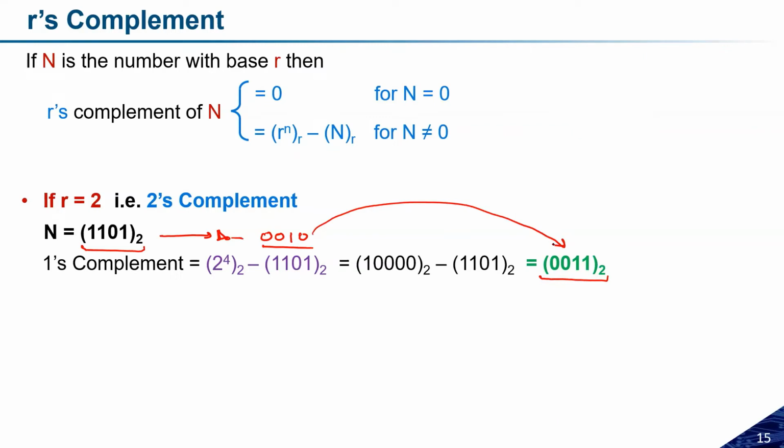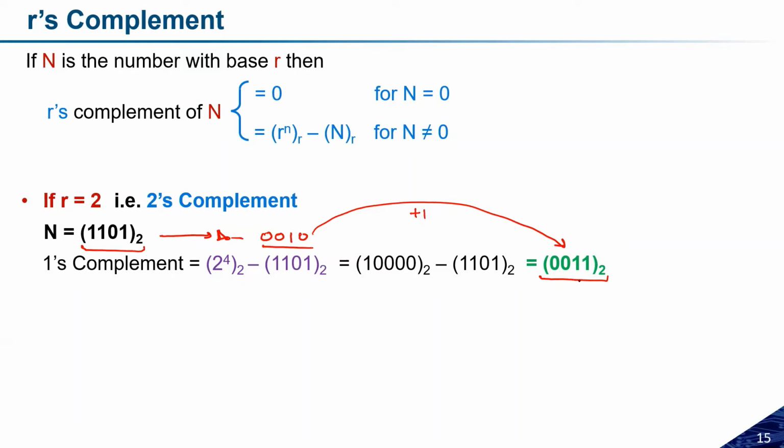What is the change between these two numbers? Can anyone tell? One digit is added. Yes, so plus 1 has been done. We have added 1 to the number we received. If I add plus 1 to this number, I will get 0011.